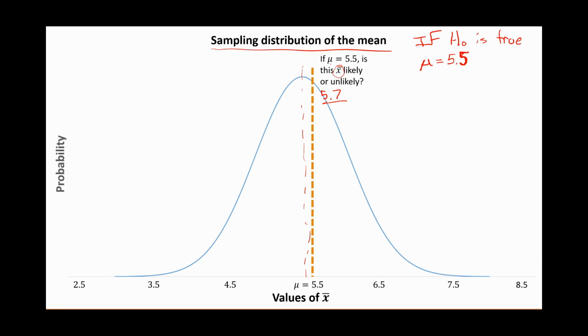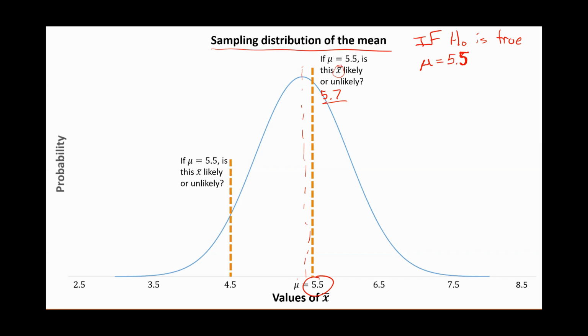Like, if mu really is 5.5, is it likely that we would find a sample mean of 5.7? Just looking at this distribution, it sure seems like that would be the case. It seems pretty likely that we would find a sample mean value somewhere close to 5.5 if, in fact, mu is equal to 5.5. So it seems pretty likely.